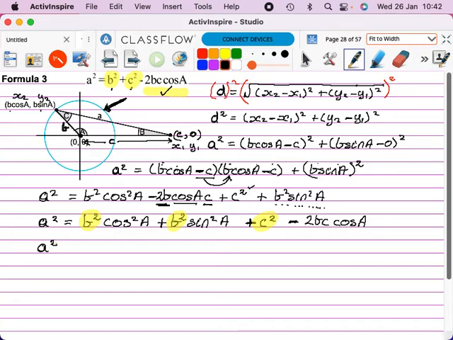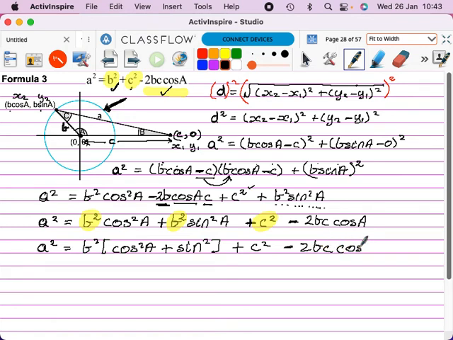Formula number 1. So I'm going to take out b squared as a common factor. Why am I doing that? Because the question only had a b squared. How do you isolate an item when it appears more than once? You factorize it. So taking out the b squared as a common factor, you now have b squared on the outside of cos squared A plus sin squared A. Hang on a minute, maybe only 10 minutes ago, what did we prove?